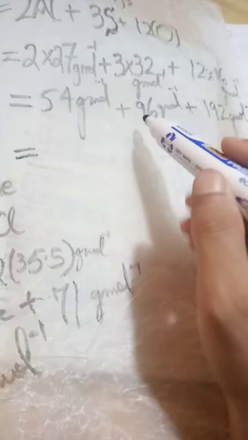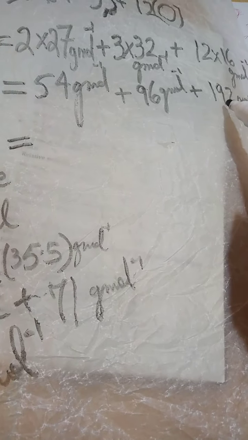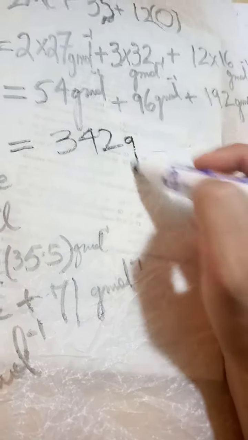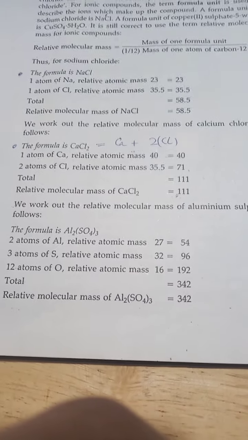That's that. And so now we add all of it. So that'll be 140, 150, 250, 340. So that'll be 342 grams per mole. 342 grams per mole.